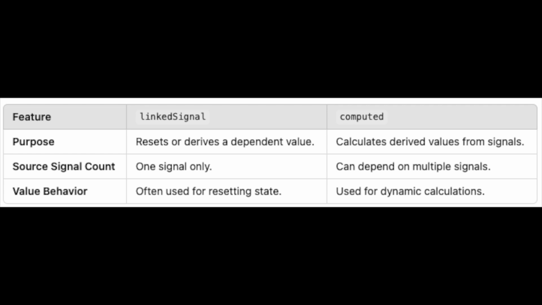Another major difference is linked signal only accepts one signal as a source, while computed signal can depend on multiple signals. And the final difference is, mostly the linked signal is used for resetting the values, while the computed signal is used for dynamic calculations.